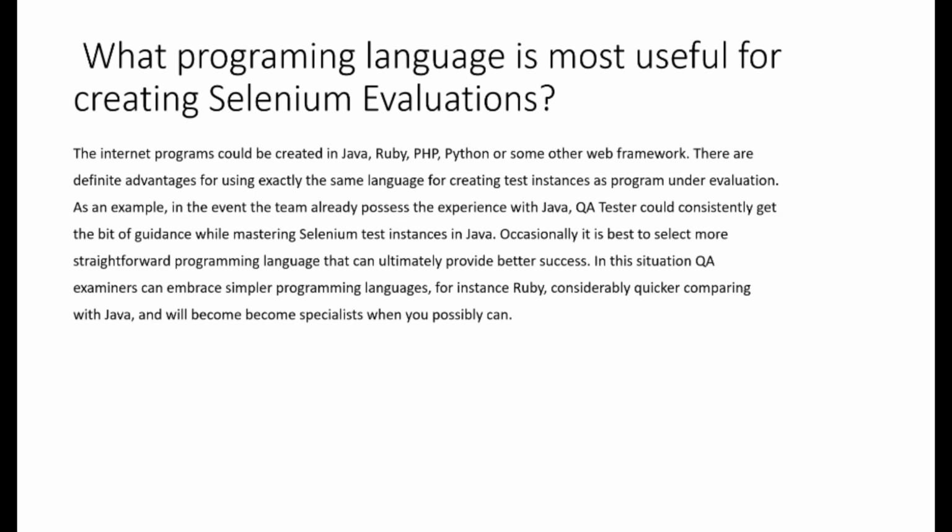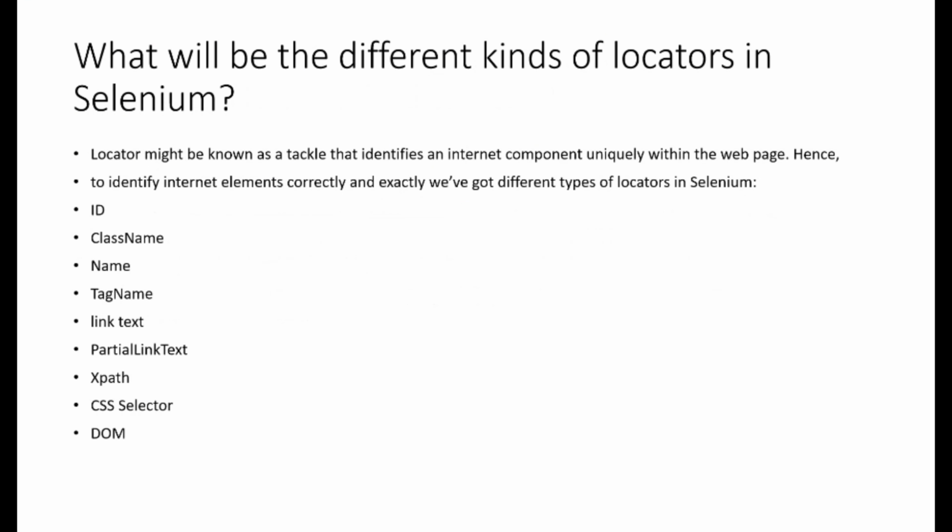Occasionally, it is best to select more straightforward programming languages that can ultimately provide better success. QA examiners can embrace simpler programming languages. For instance, Ruby is considerably quicker compared with Java and you can become a specialist sooner.